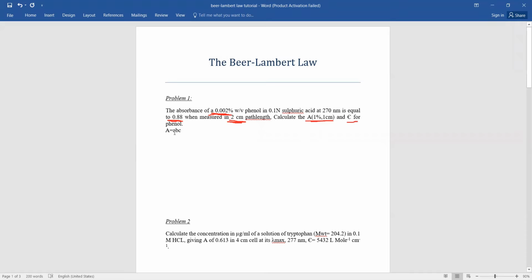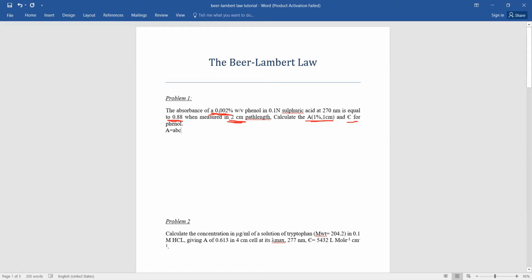Either the A in A1% 1 centimeter, then the concentration will be in gram percent, or the absorptivity is molar absorptivity, so the concentration is in mole per liter or molar. Here the first requirement, we need the A1% 1 centimeter. So the concentration must be in gram percent.